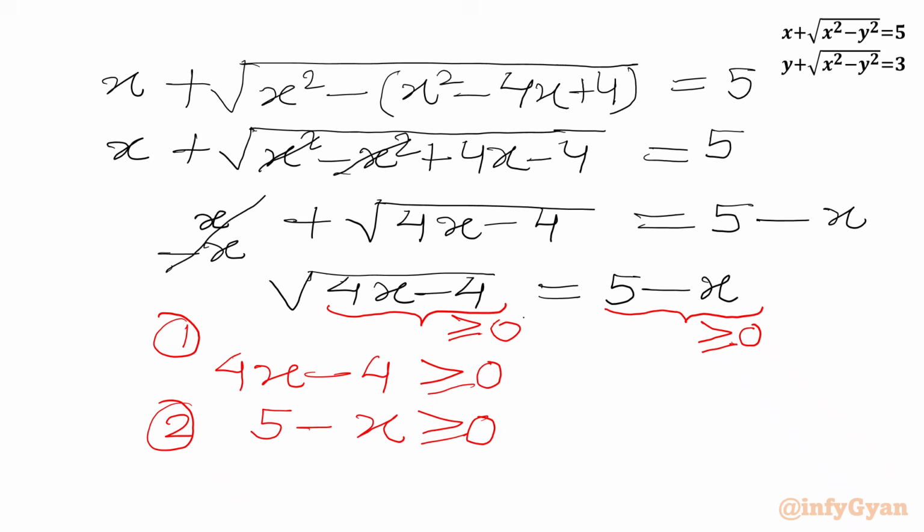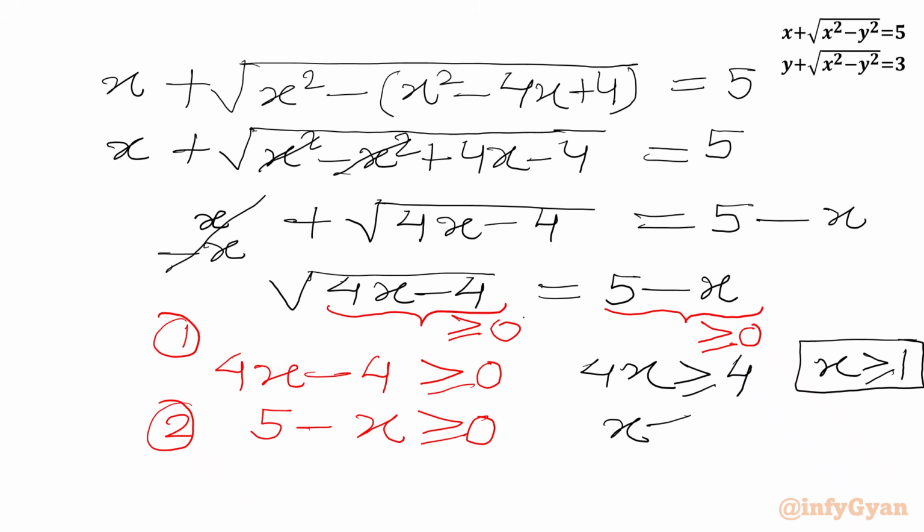So from the first inequality, we will write 4x should be greater than or equal to 4, or x should be greater than or equal to 1. And from the right hand side, 5 minus x is greater than or equal to 0, so we will get x should be less than or equal to 5.